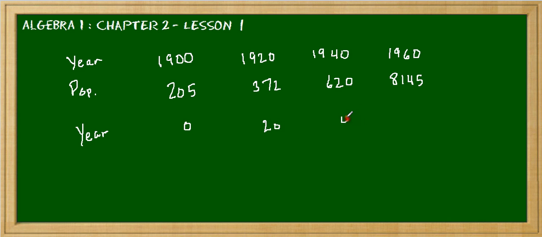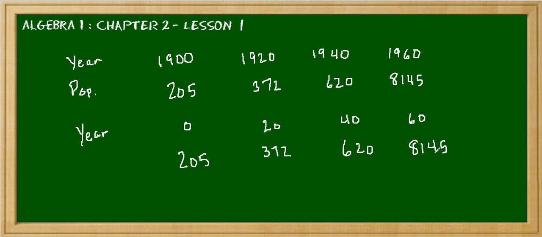Now this would be 40 from 0, and this would be 60, right? 60 years have gone by. So the question is, what's going on? Is there a function here? Is there something that relates this number to this number? If this was 205 and this is 372 and this is 620 and this is 8,145, can we come up with a function here?